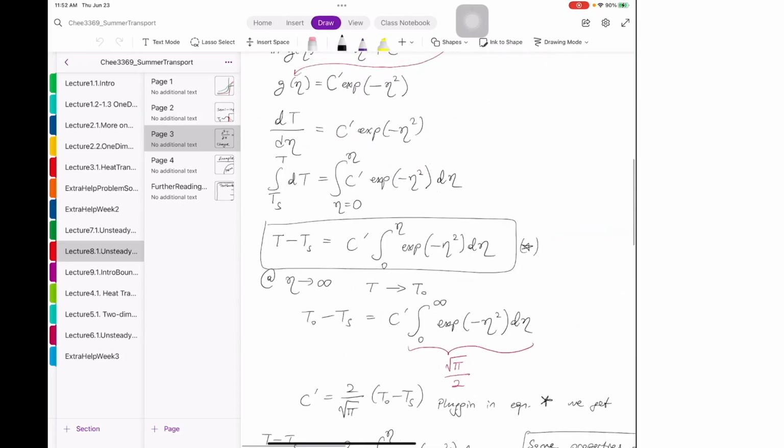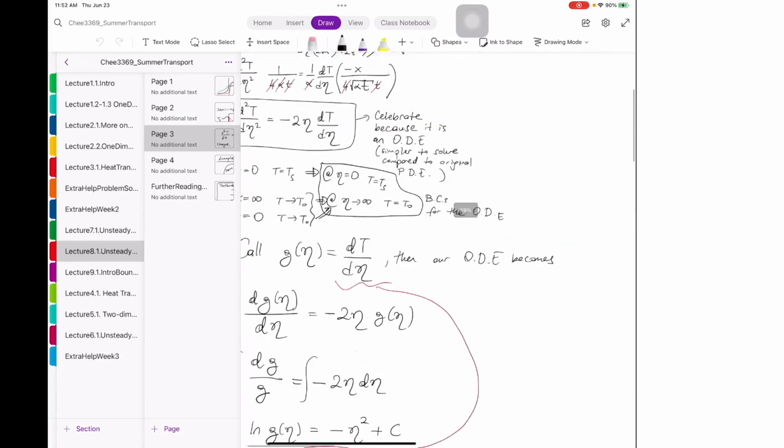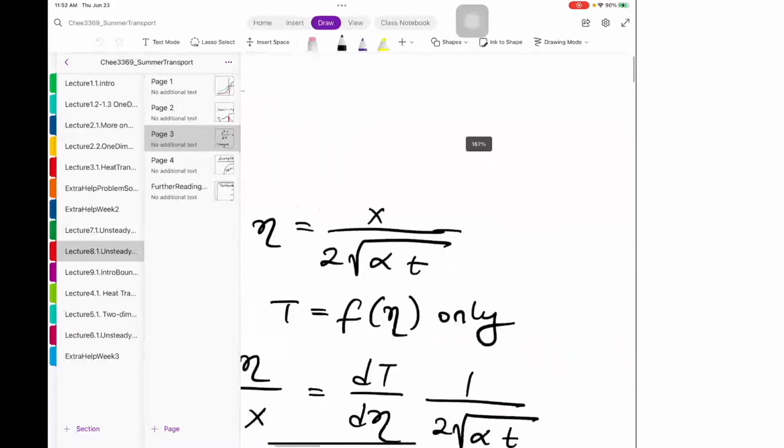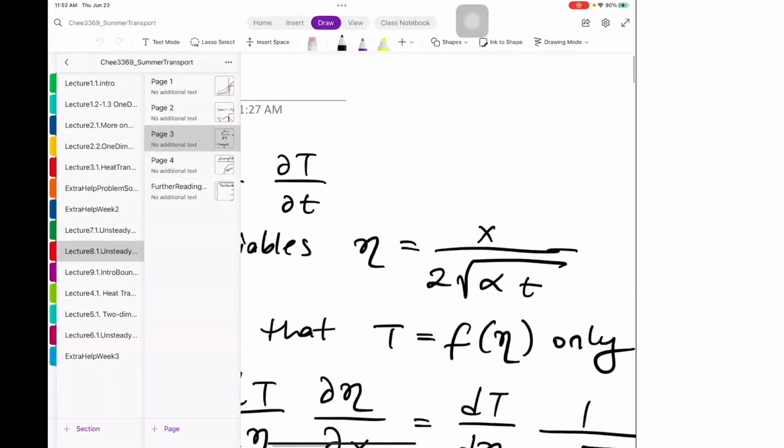And eta is nothing but the combined variable, x over 2 square root of alpha t.